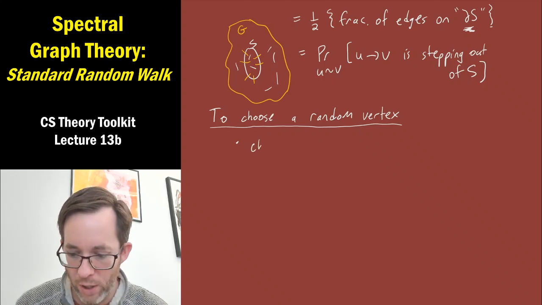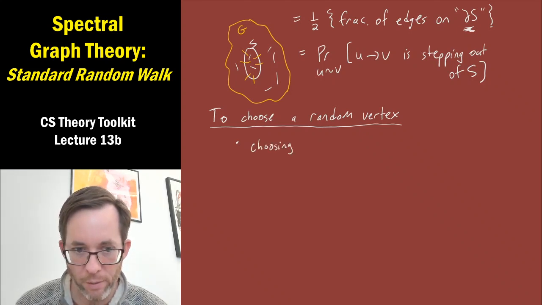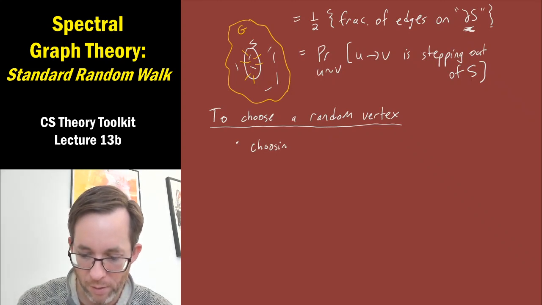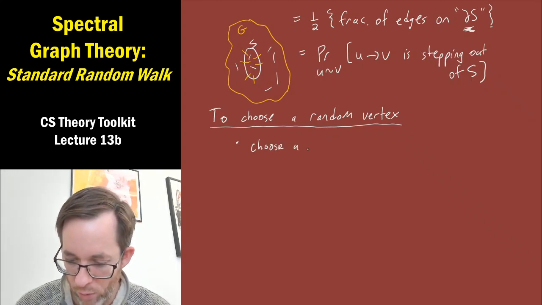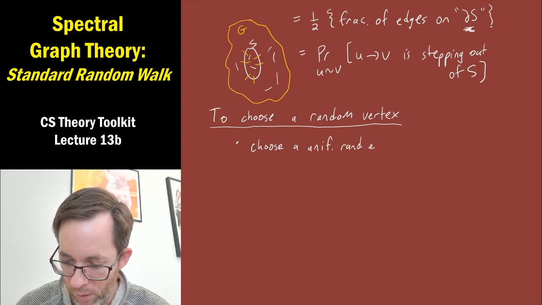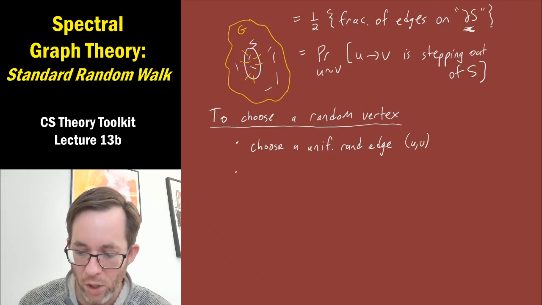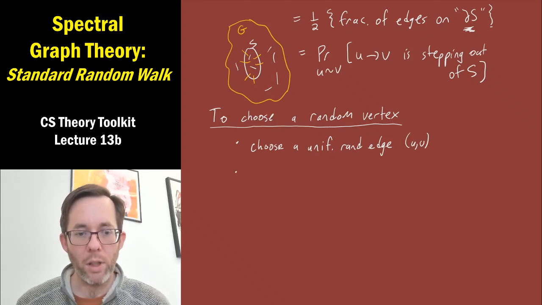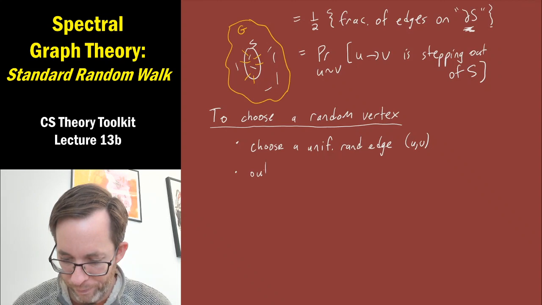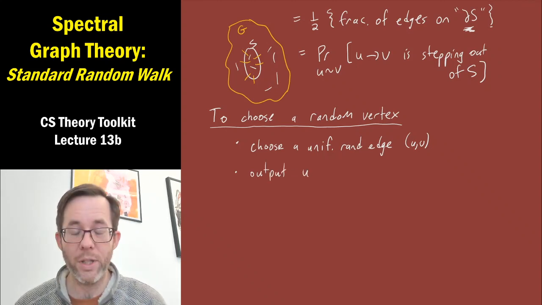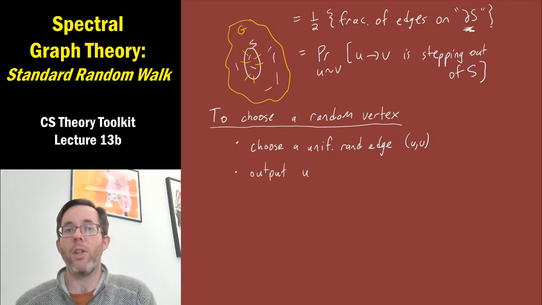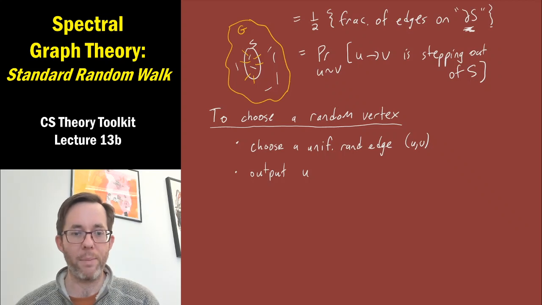Start by choosing a uniformly random edge, UV. And then just forget about V. Just output U. Now actually, as we'll see later, you could also say forget about U and just output V. It would be the exact same thing.